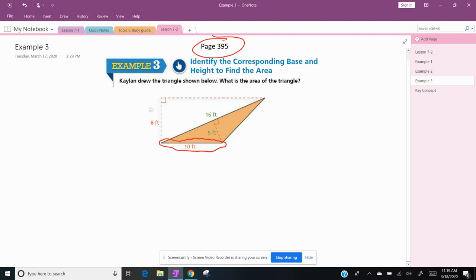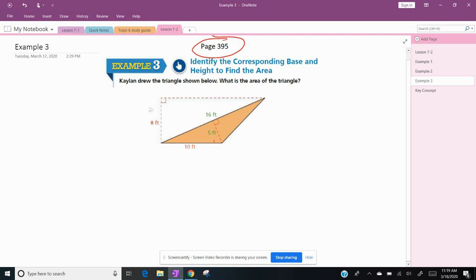Okay, welcome back. So if we say the base is 10, the base and the height have to form a 90-degree angle. If I look right here, that 5 does not form a 90-degree angle with our base of 10. If I look over here, the 16 does not form a 90-degree angle.